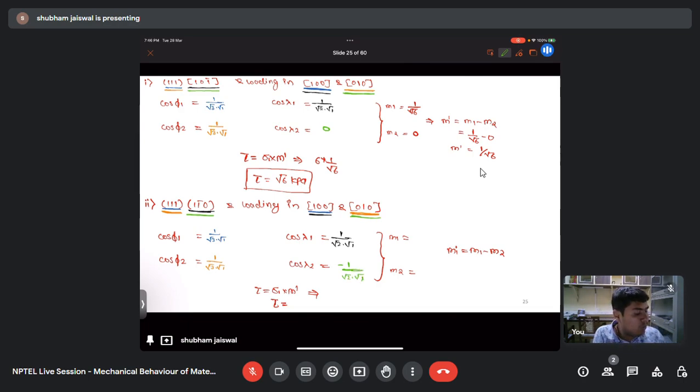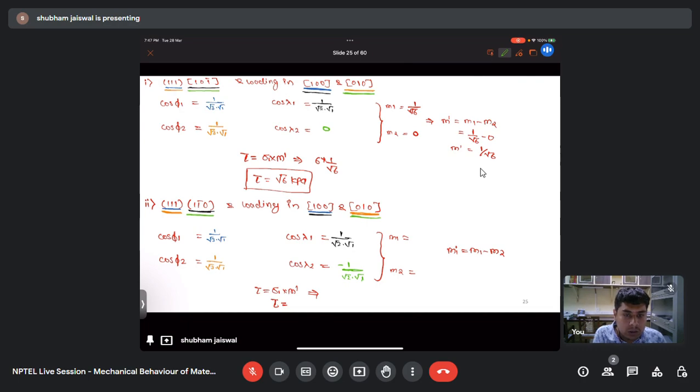Okay. So for your better understanding, I have used color coding here. Blue represents the value of cos phi 1. Orange gives you cos phi 2, the angle between the two vectors. Similarly, black gives the angle between 101 bar and 110. Similarly, green gives you the angle between 101 bar and 010.